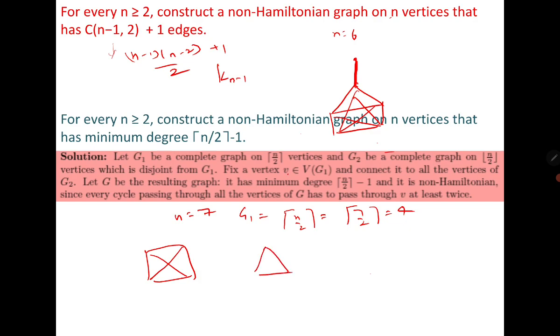Now fix a vertex V in G1 and make it adjacent to all other vertices. Since there is a cut vertex, you have to visit it twice, and therefore a Hamiltonian cycle is not possible. The graph is not Hamiltonian. At the same time, you can observe that the minimum degree is always 3, which is 4 minus 1.